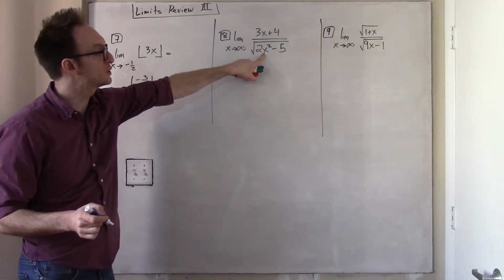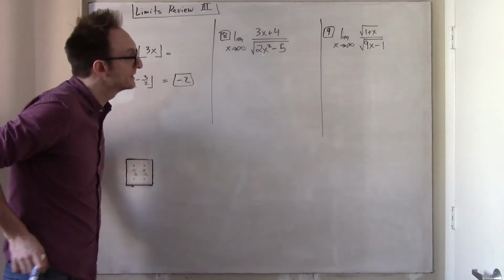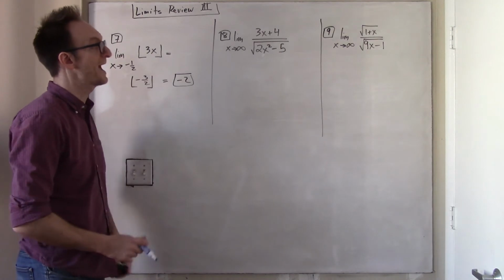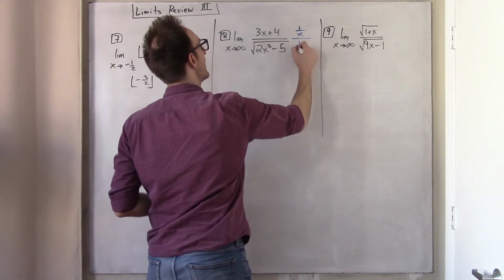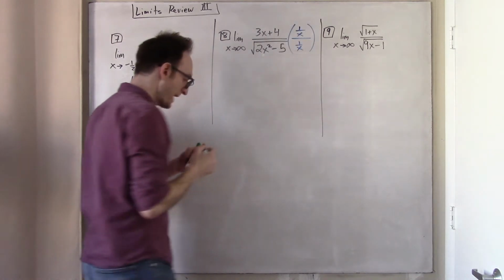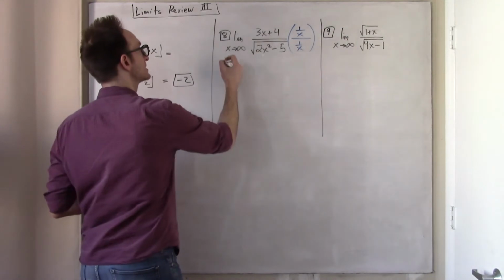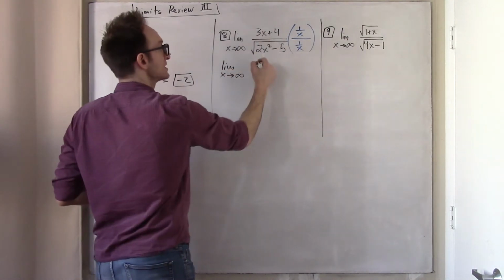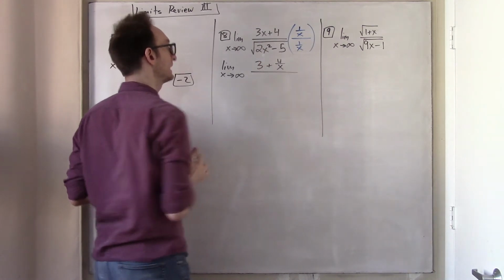Since 2x squared is inside a radical in the denominator, the highest power in the denominator is kind of x. And so what I'll do is I'll divide the top and bottom by x. Okay, and now what? Well, the numerator is just completely straightforward. It now becomes 3 plus 4 over x, so that is now clear.